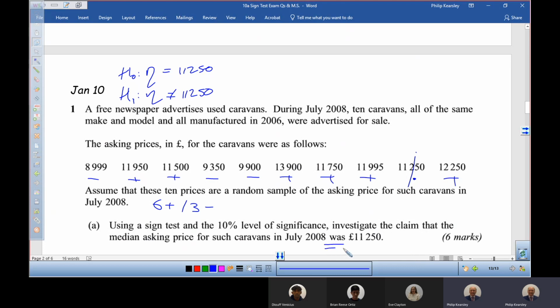So that's when it's a two-tail. I know it says 10 prices, but that 10's been reduced because of that exactly 11,250. When you set up your binomial, there's only 9.